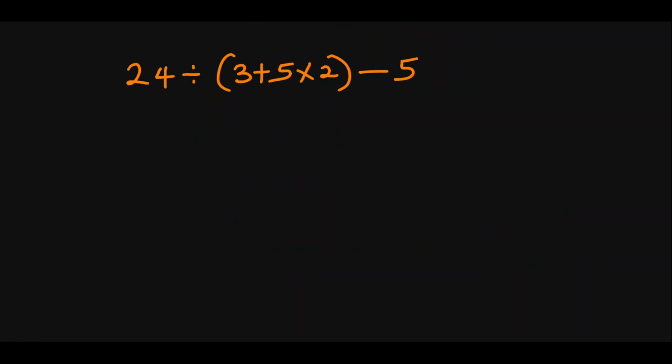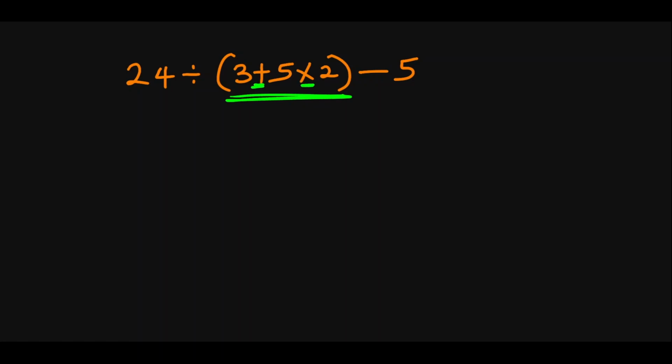This example is just to show you that even inside the bracket, sometimes you can have expressions that require BODMAS themselves. So this is like BODMAS or PEMDAS inside a BODMAS or PEMDAS. So in this situation, of course, based on the BODMAS law or PEMDAS law or order of operations, the brackets will come first. So you are going to simplify this first. How do you simplify this?